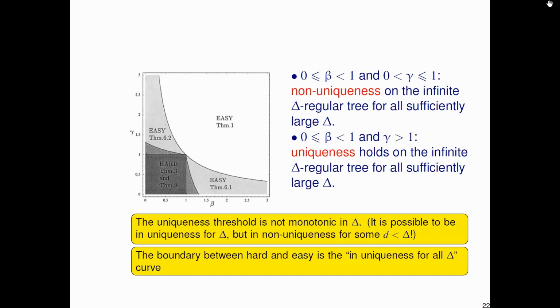So for the true curve we don't have a closed form, because it could be in uniqueness for some d's and then not in uniqueness for others. The truth is more disgusting. But the true curve, if you don't care about the degree, is being in uniqueness for all delta. That's just some messy function, and we don't nicely know how to test it.